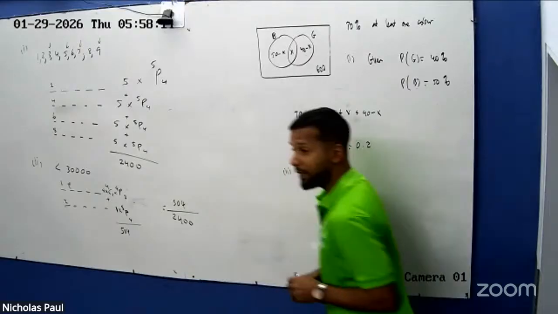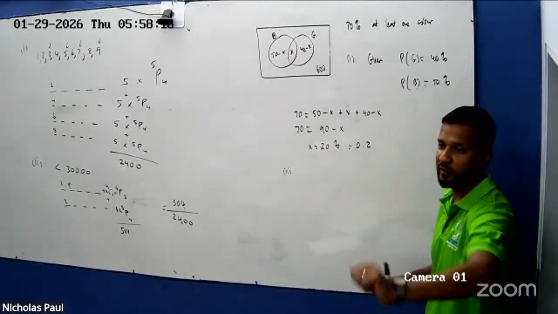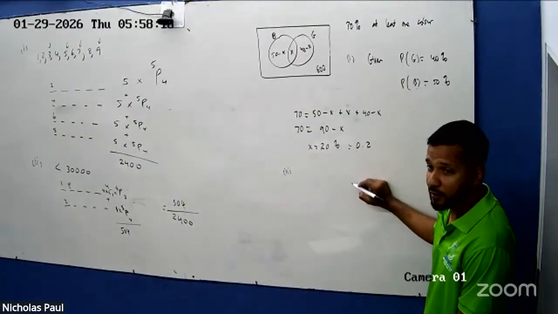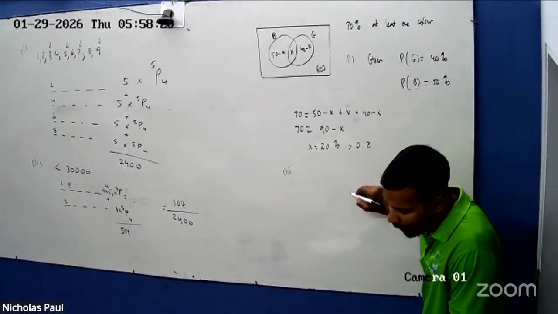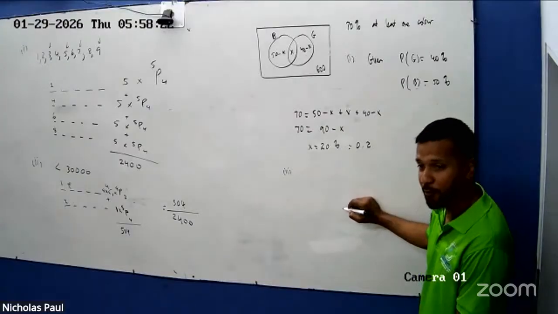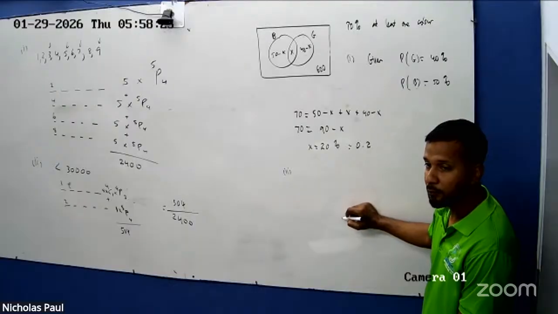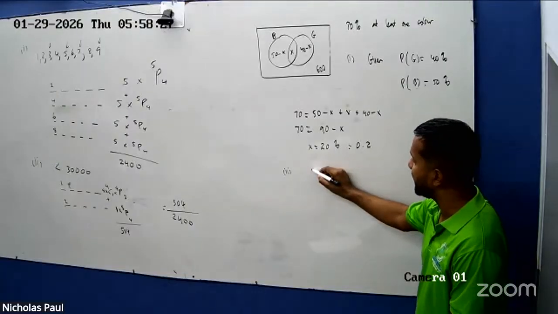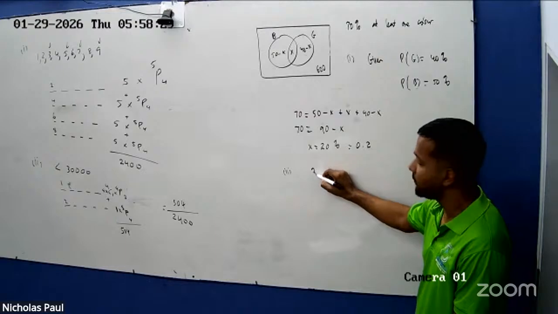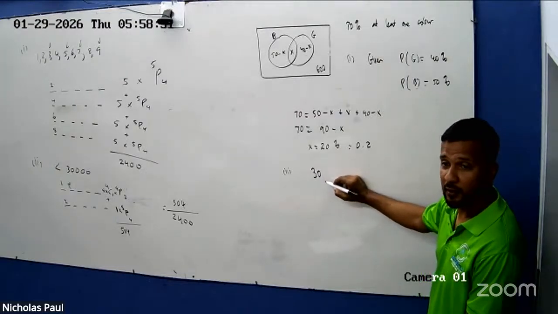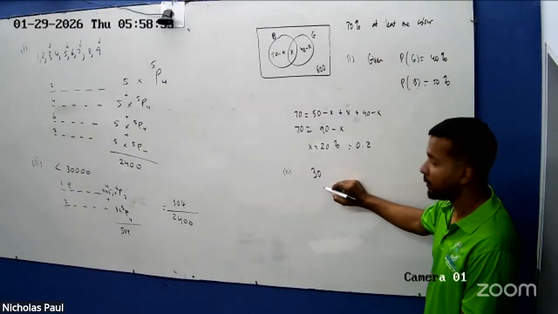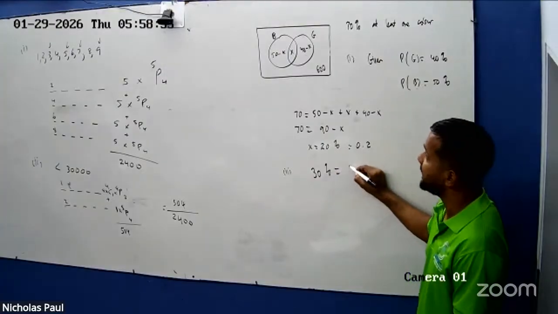Right, I need some help. How do I get the total? Darian, could you help me please? How do I get the total number of individuals in the experiment? Right, so you take and you get how much? 30%. So 30% is equal to 600.